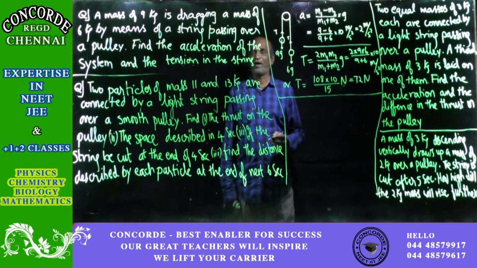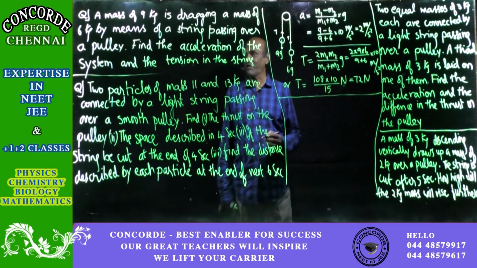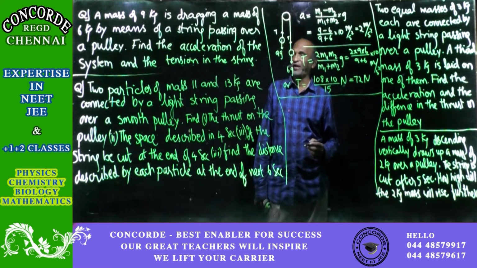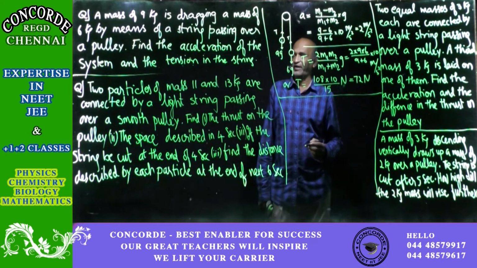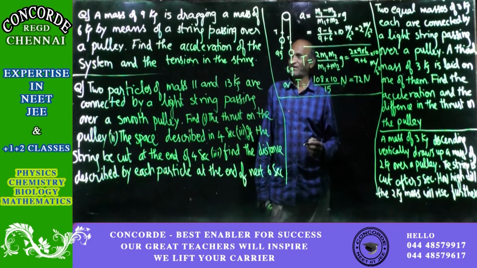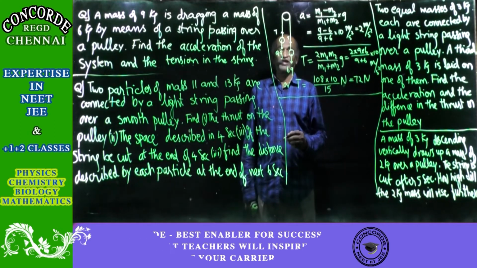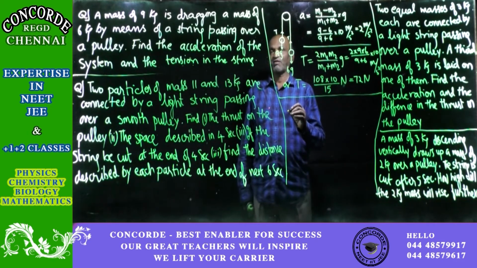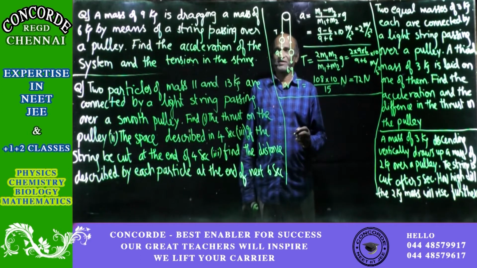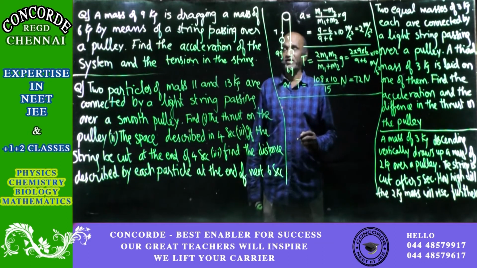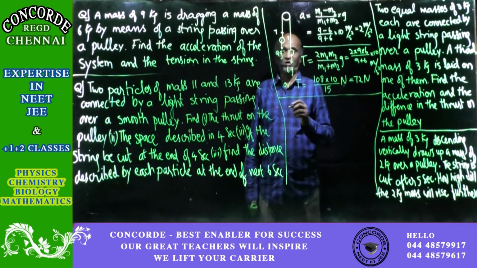Two particles of mass 11 and 13 kg are connected by a light string passing over a pulley. So it is a repeat of the earlier question. Find the thrust on the pulley. So now 11 and 13 are the two masses. And the equation for thrust is 2T, which is equal to 4 m1 m2 by m1 plus m2, into g. Everything is given there, m1 and m2 also are there.